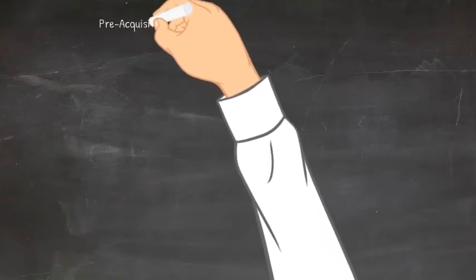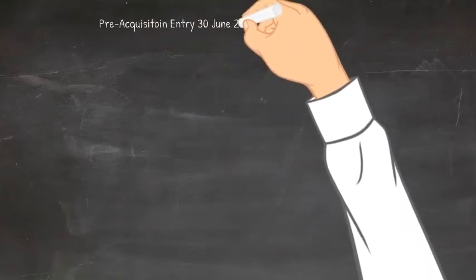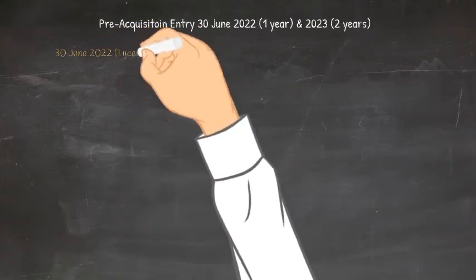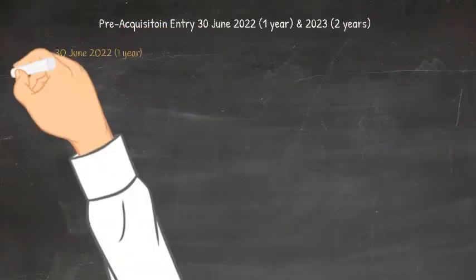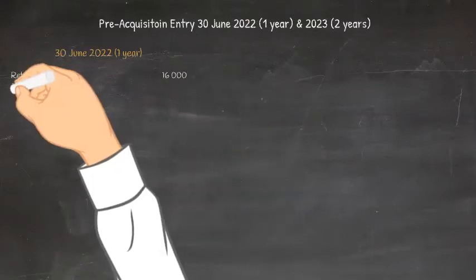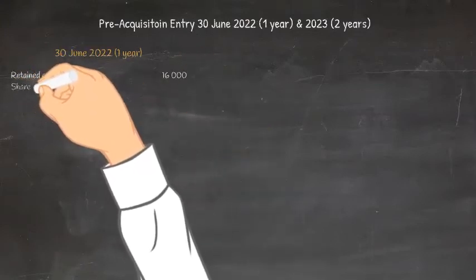After a lengthy process, we are now ready for the pre-acquisition entries. In 2022, the first year after acquisition, the pre-acquisition entry is similar to the one prepared at acquisition date, except the BCVR is debited by $9,000.